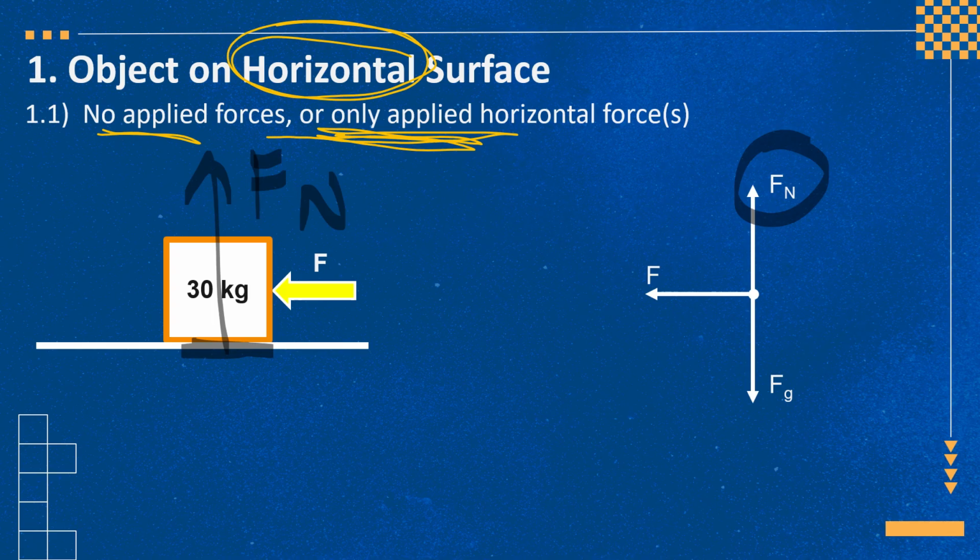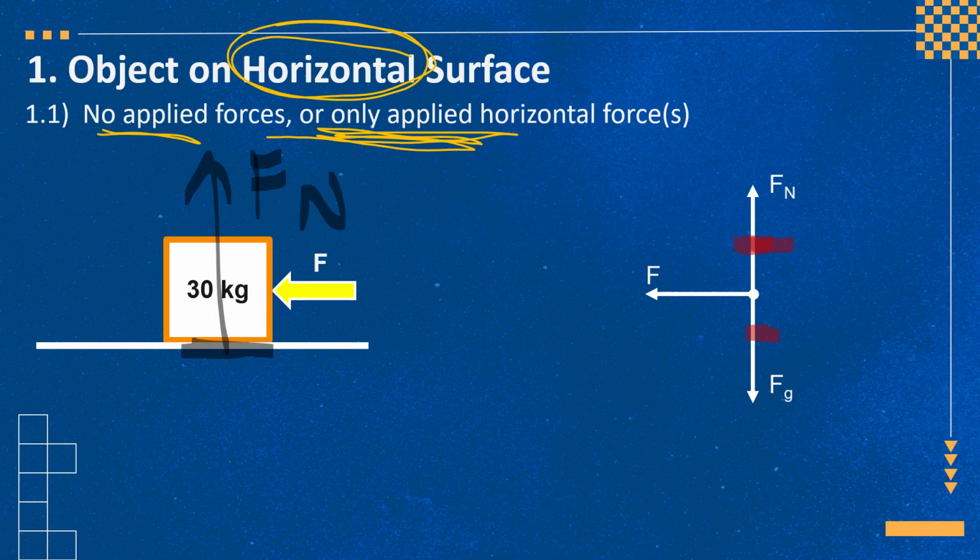Moving on, very, very importantly, that object is not hovering above the table. It's not sinking into the table a little bit. It is right on the dot on that surface. That means that your normal force and gravitational force are equal in magnitude but opposite in direction to each other. Why?